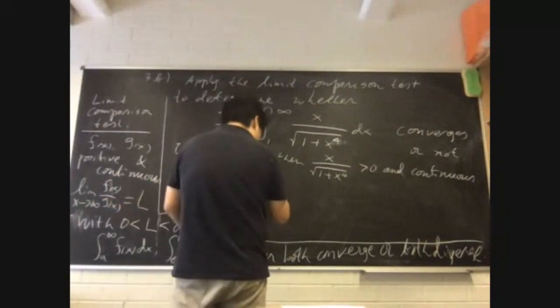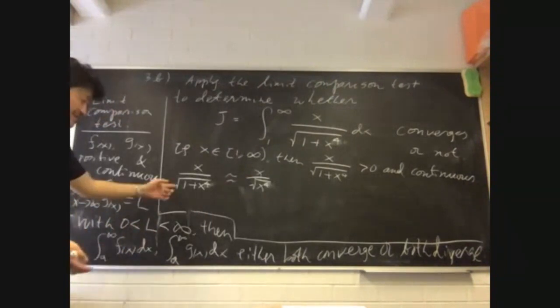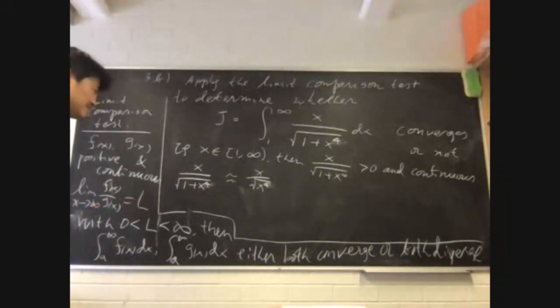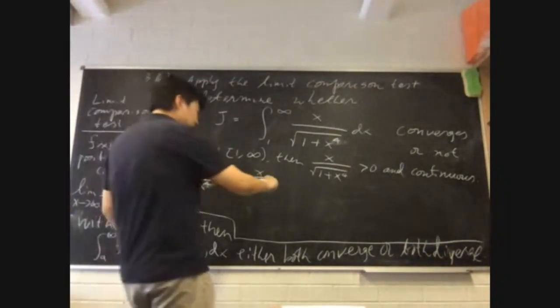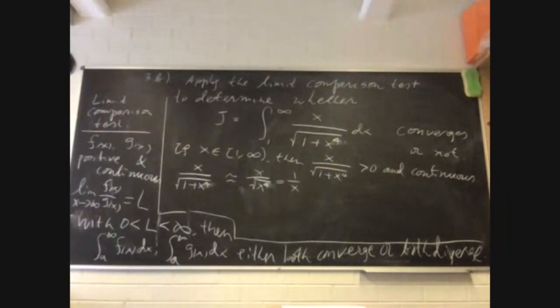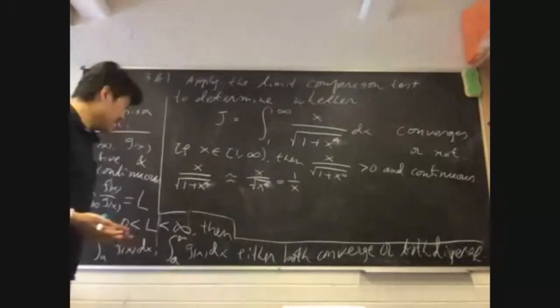They aren't the same, obviously, but they're very close, because this 1 is very small compared to the other terms. This is to say that the ratio x divided by the square root of 1 plus x to the 4th, at least for very large x's, is very close to 1 over x.